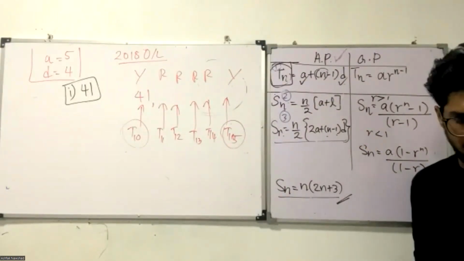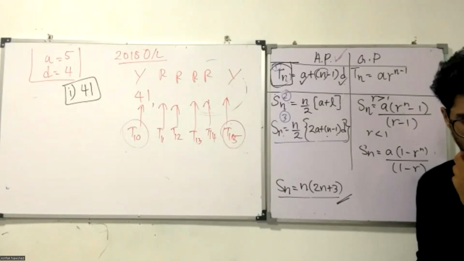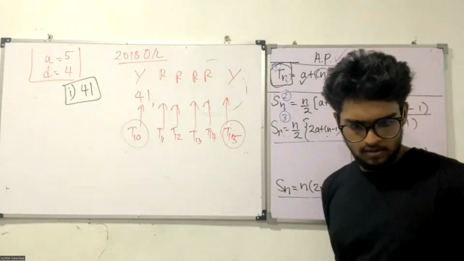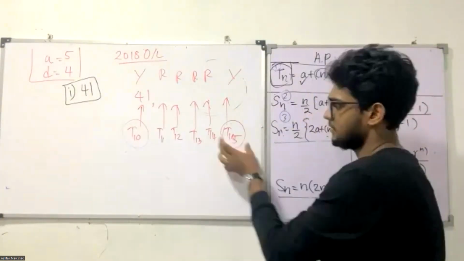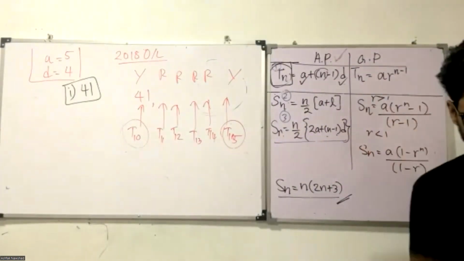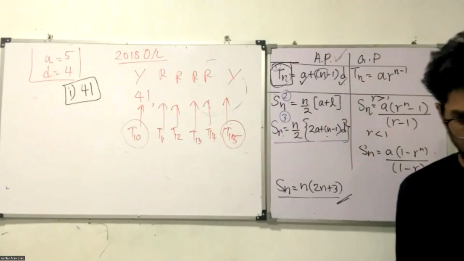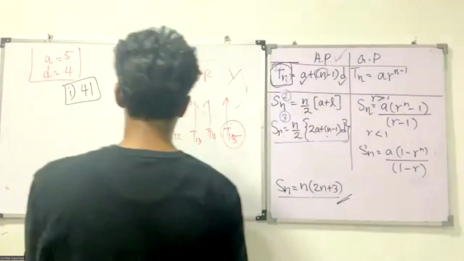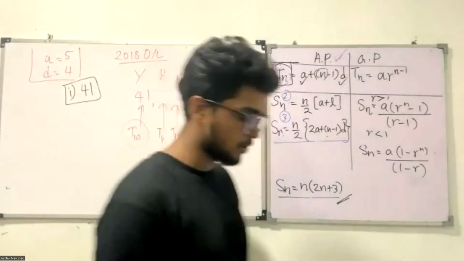Do you get it? 10th circle has yellow bulbs, 15th has yellow, 20th, 25th, likewise up to 40. Is that understood? Good. So let me know how many circles have yellow bulbs.